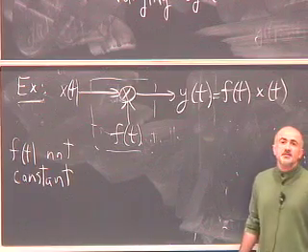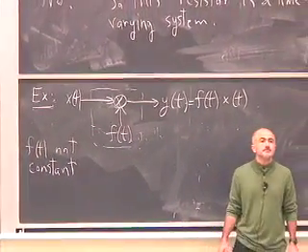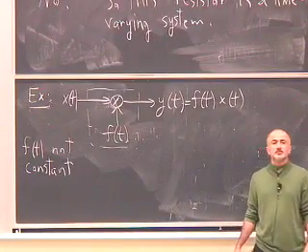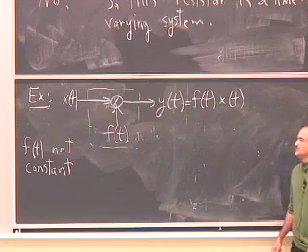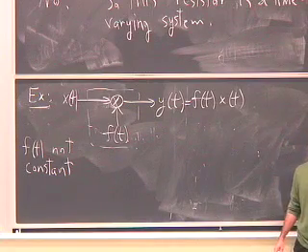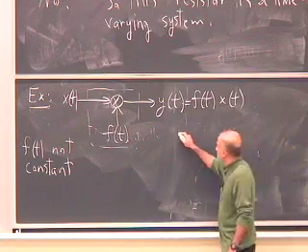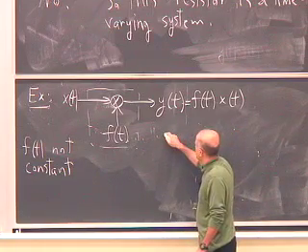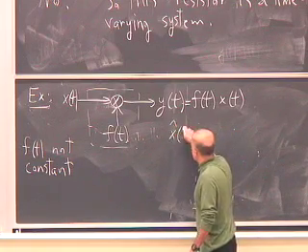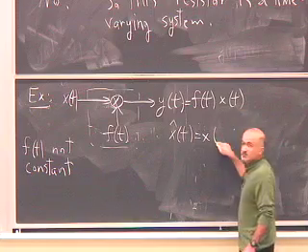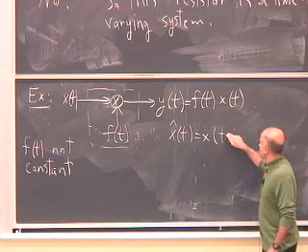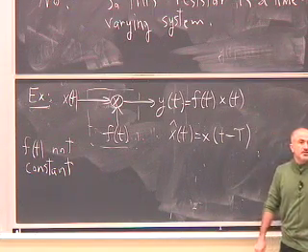Time varying, Max says. How do you show it? Use my hat trick. x hat is x of t minus capital T. So you shift the input signal.